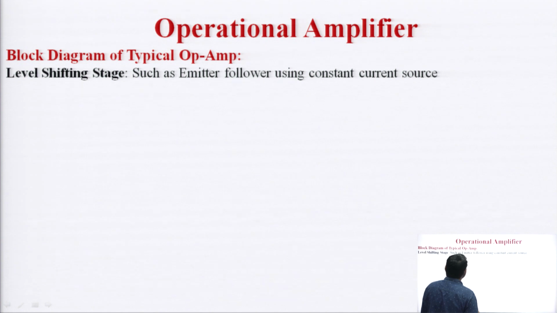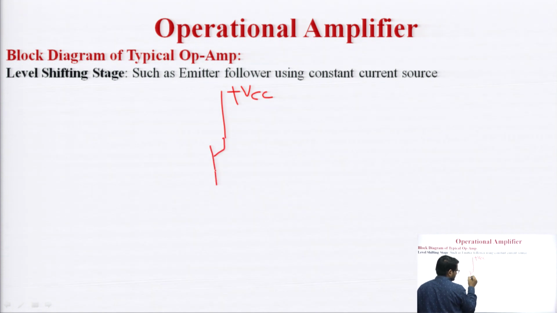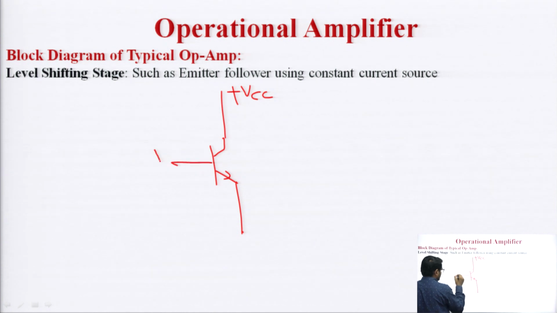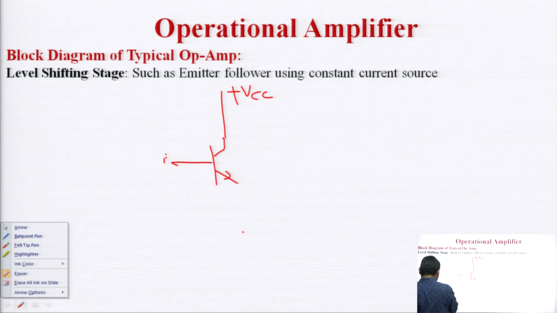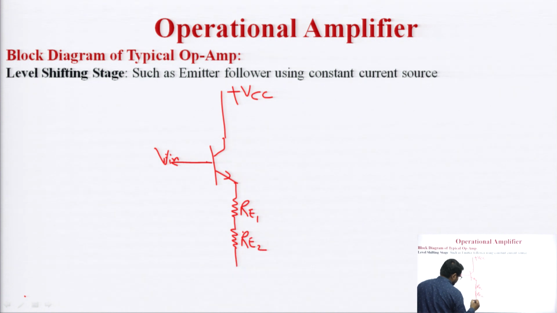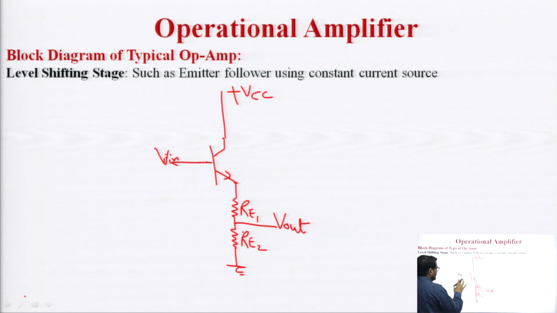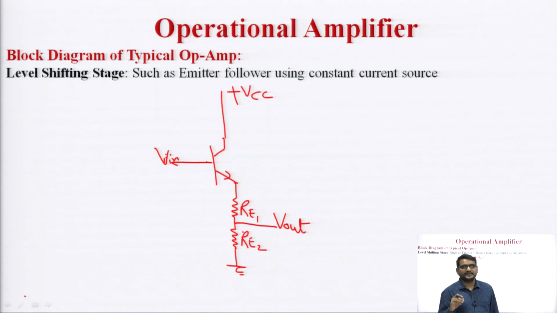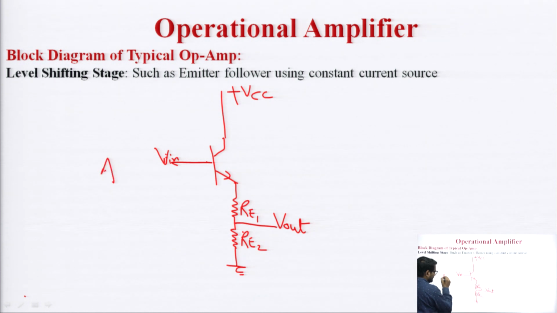So we discuss the level shifting stage. It is basically a common collector with two resistances, let us suppose Re1 and Re2, and we take the output Vout. Vin is the output of our second stage, the intermediate stage, which contains two parts, AC plus DC.